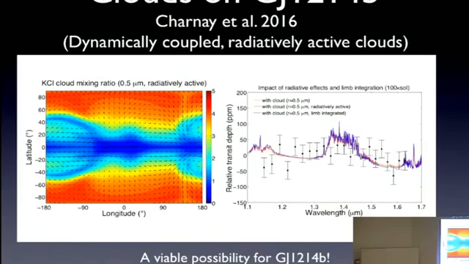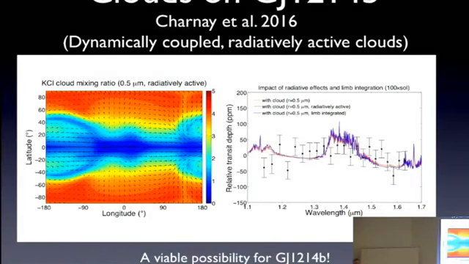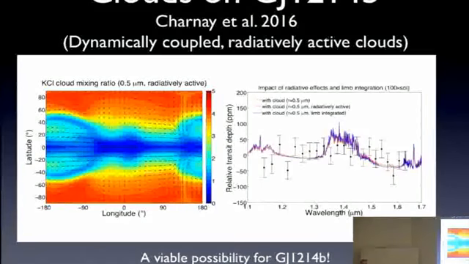They have what might be a consistent model for GJ 1214b. They have a type of cloud, KCl, potassium chloride clouds. They have to specify a size for the cloud particles. Cloud formation is complex, so in their model you have to specify a size. That size is most important to determine the optical scattering properties of the clouds, I think.